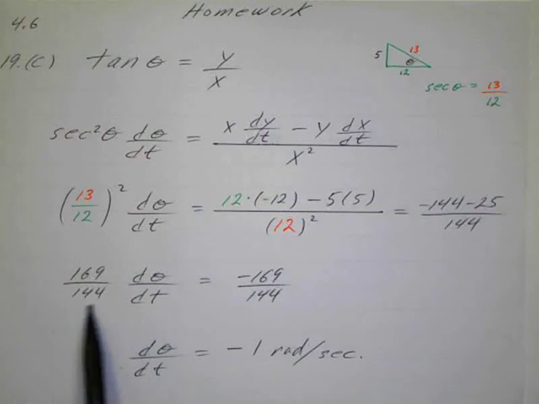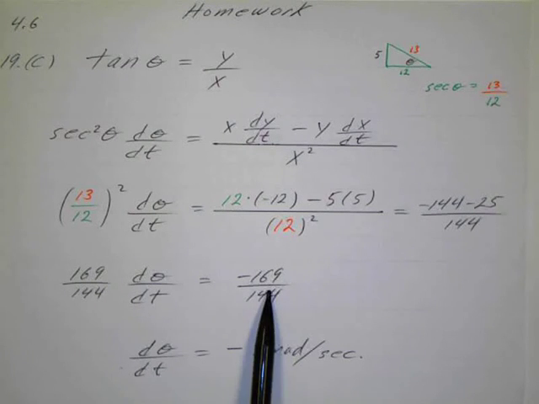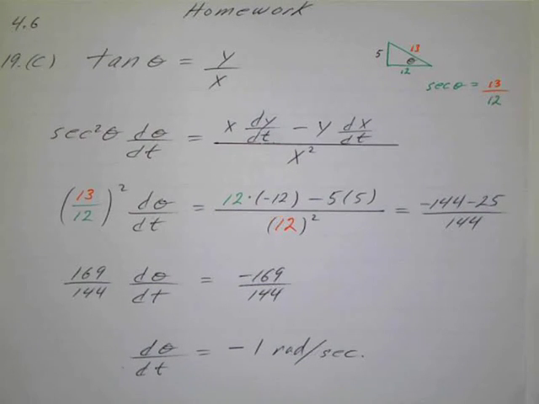So if I divide both sides by 169 over 144, I get negative 1. And it's in radians, that's our angle measure, so it's negative 1 radian per second. Unless otherwise noted, whenever you're finding angle measurement, it will be in radians per some unit. Okay, I hope that helps.